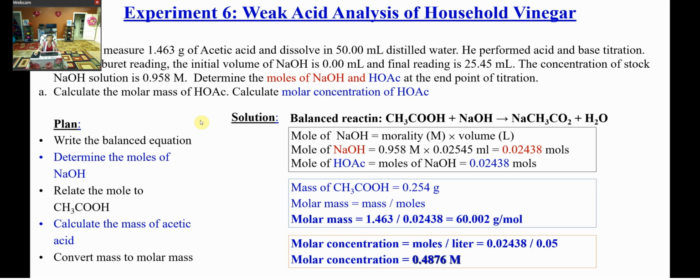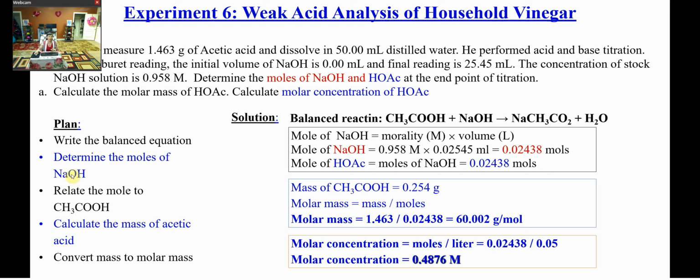Your plan is to write the balanced equation; make sure your reaction is balanced. Then you determine the moles of your sodium hydroxide. You can also determine millimoles, so you don't have to convert to moles, by multiplying milliliters by concentration. If you want moles, make sure to convert milliliters into liters.